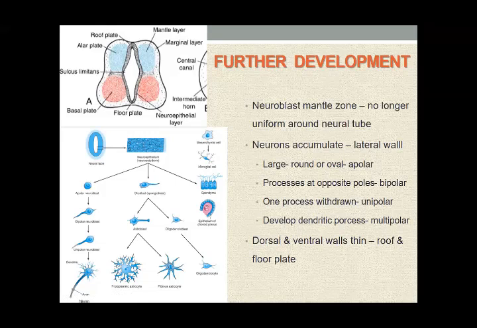But this bipolar becomes a unipolar neuron, and this unipolar, majority of these unipolar cells, they develop multiple processes, so that one large process behaves as the axon, the other multiple small processes become dendrites, and this develops into a multipolar neuron. Majority जो हैं वो multipolar neuron हैं.